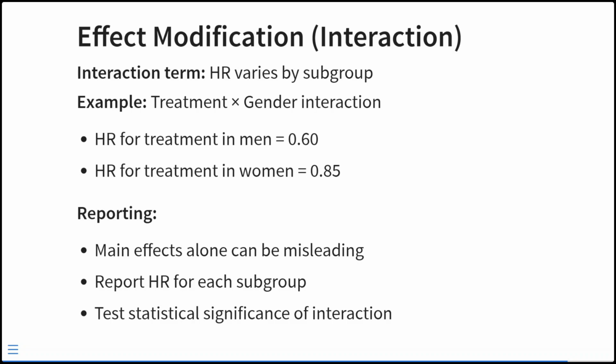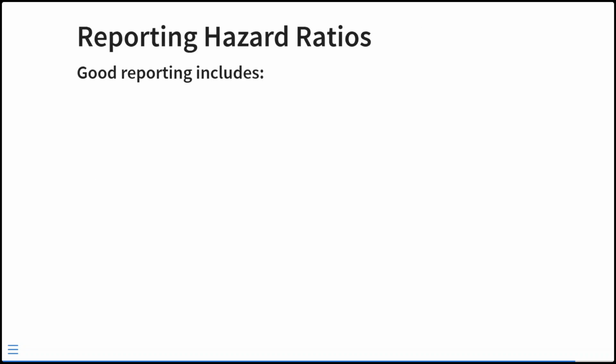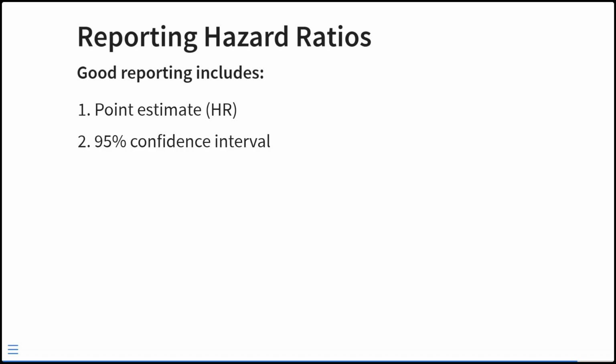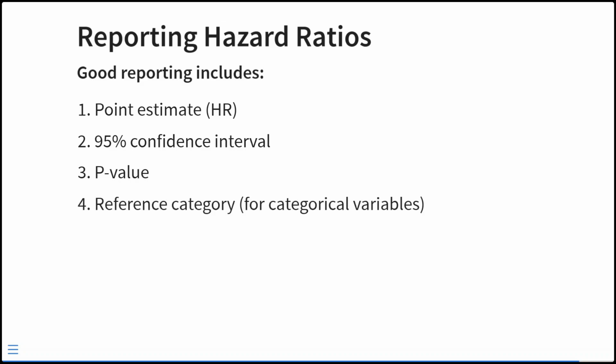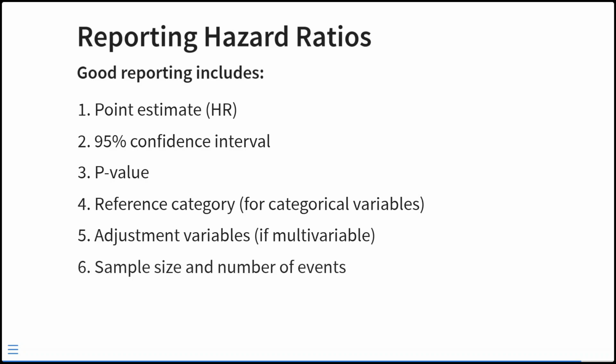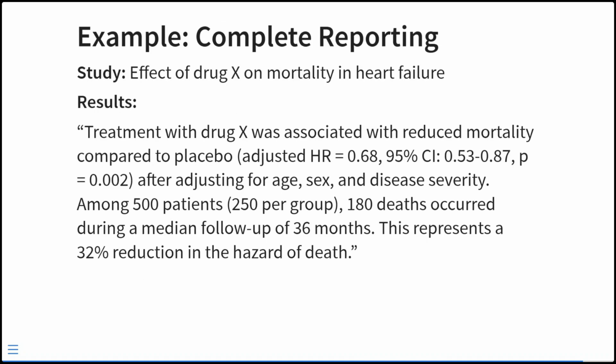Also, you report your hazard ratio for each subgroup and you test statistical significance of interaction. So reporting hazard ratio, we have the point estimate. Your good report should include your point estimate, your hazard ratio, your 95% confidence interval, and also your p-value, your reference category for categorical variables, and also your adjustment variables if multivariable. Also your sample size and number of events and the interpretation in context. So this is what a good reporting includes.